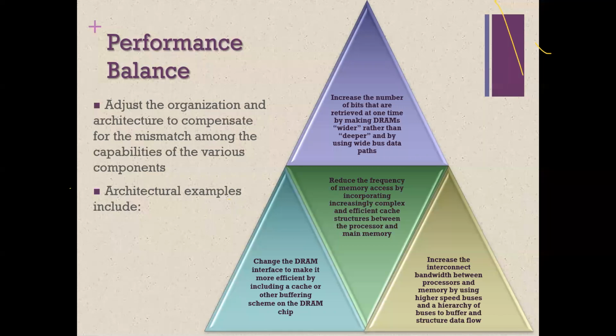So the problem created by such mismatches is particularly critical at the interface between the processor and the main memory. Whilst the processor speed has grown, the memory has lagged behind so badly, so the interface between the processor and the main memory is the most crucial pathway in the entire computer system.